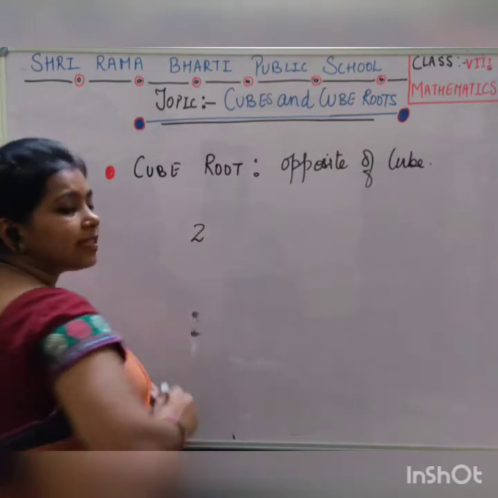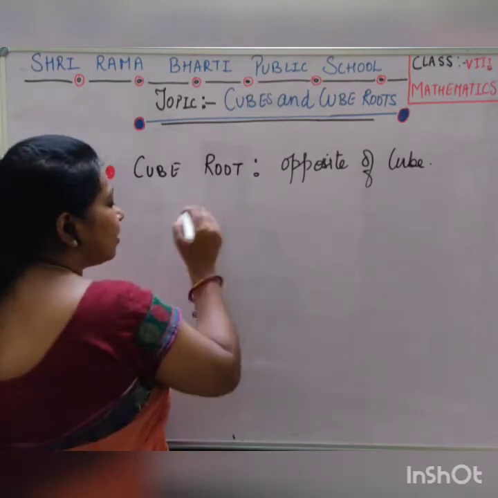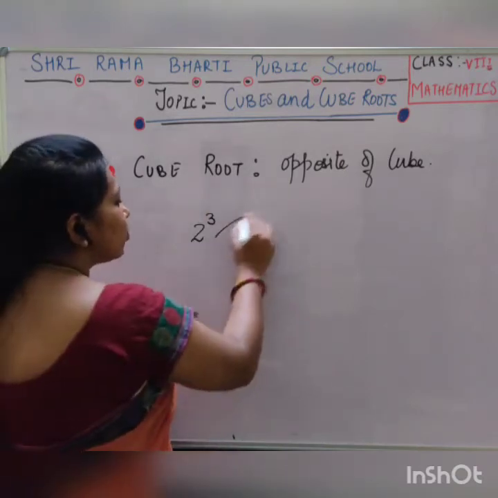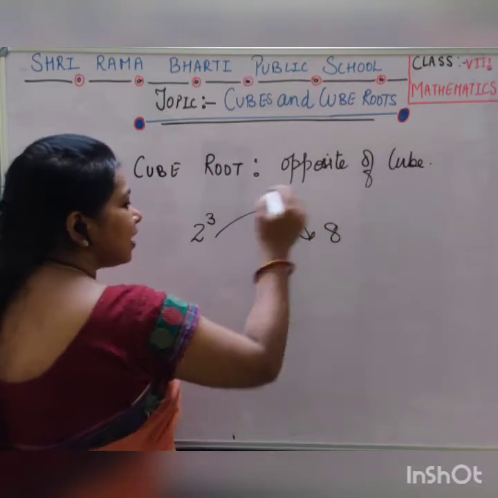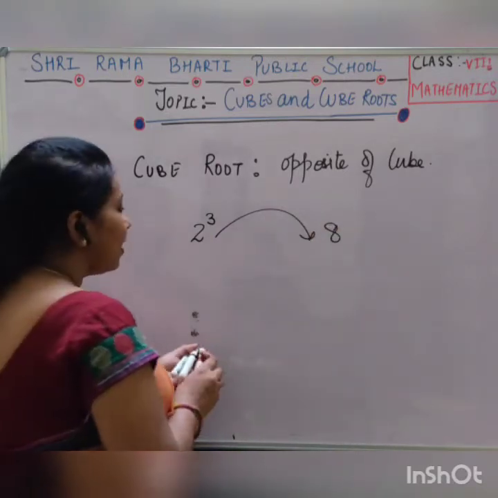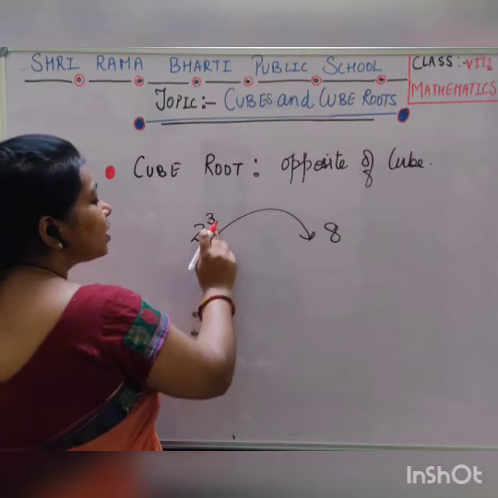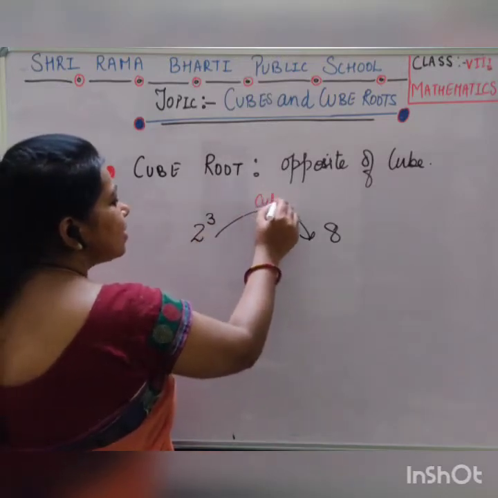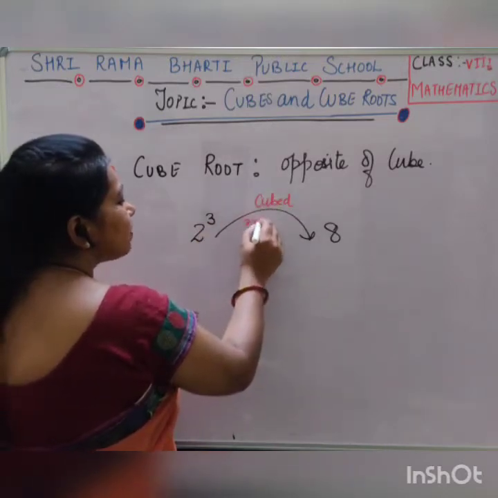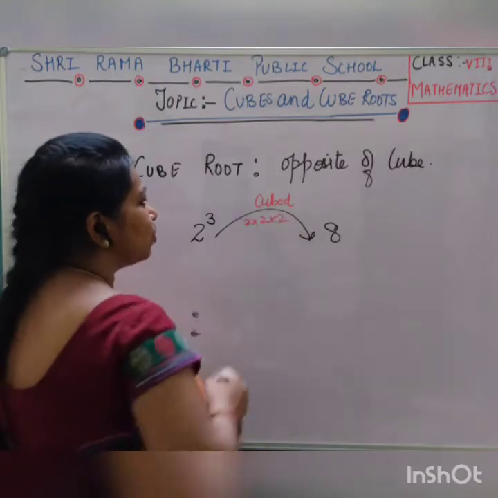If 2 is getting cubed, what will it give us? 8, right? How? 2 is getting cubed means 2 multiply 2 multiply 2.